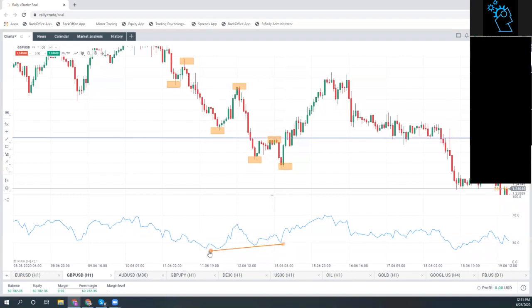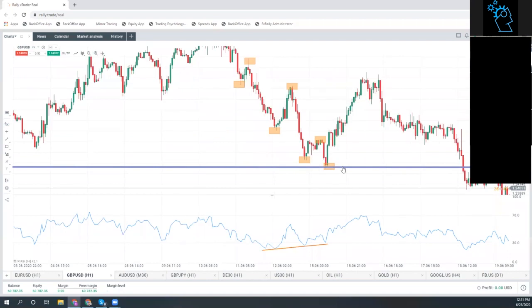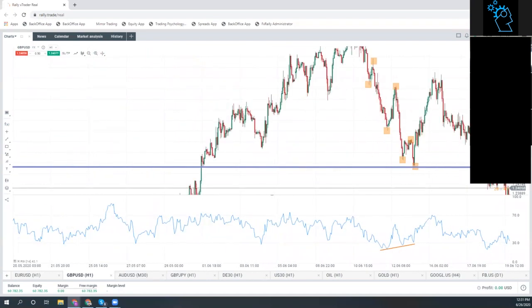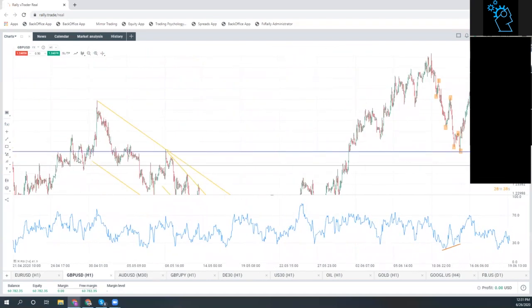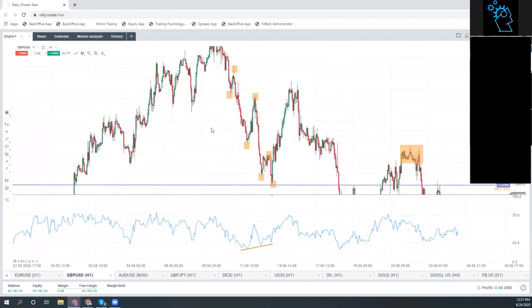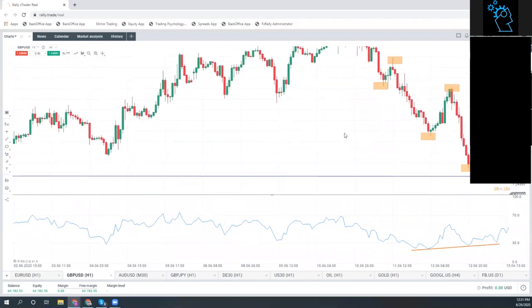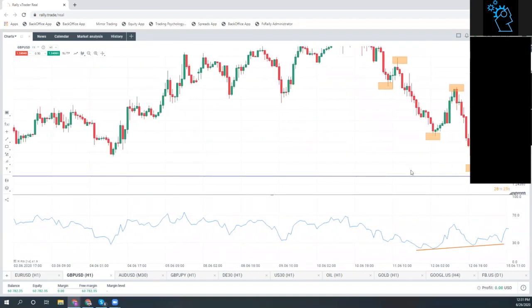We have here the divergence, a very, very nice one. If we are looking closer, we'll see that this was a resistance area, 24.50, 24.60. It was a resistance area before, and going closer to our chart, let's say we would have been around here.